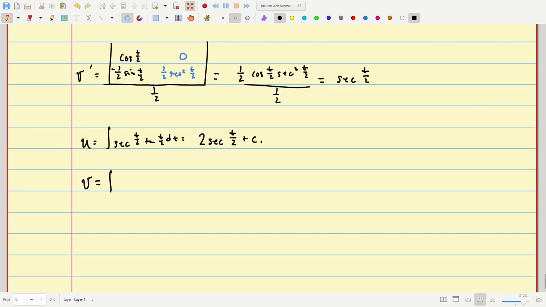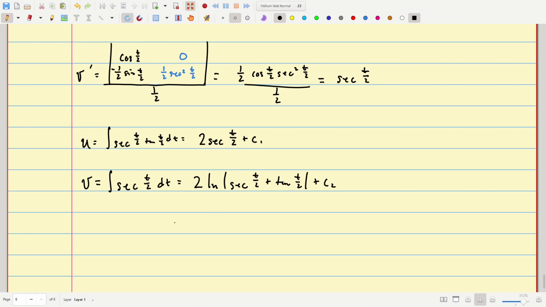For v, we integrate secant. We end up with a factor of 2. But this should be another antiderivative formula that you know from your studies in Calculus 2.